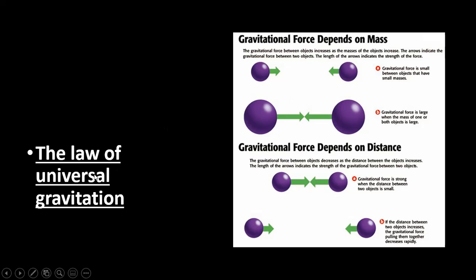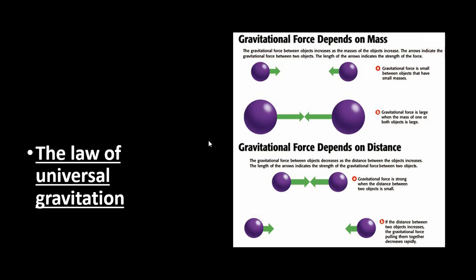Okay, now we have a very important law to study, which is the law of universal gravitation. It states that gravity depends on the mass and also on the distance. Now, it's saying that all the objects and people have gravity between each other.